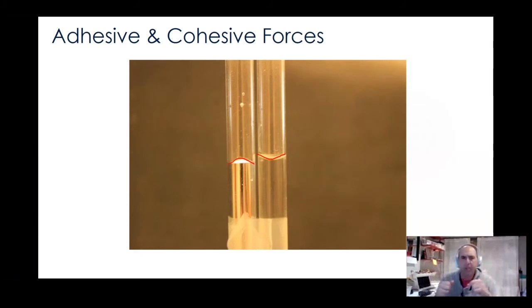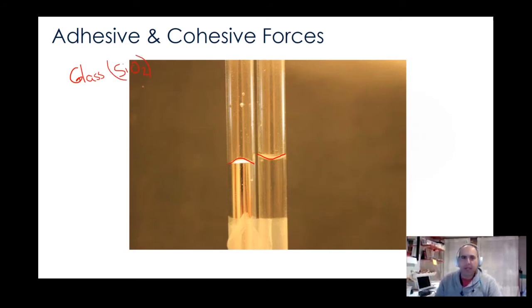Why is this happening? Well, entirely, this has to do with the forces that are at play. Glass is silicon dioxide. The empirical formula for glass is SiO2.